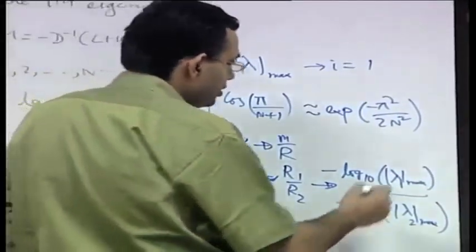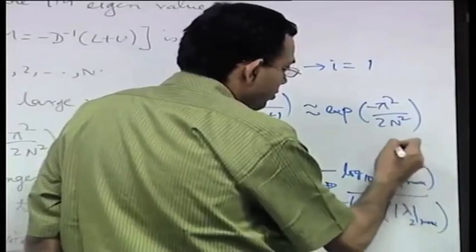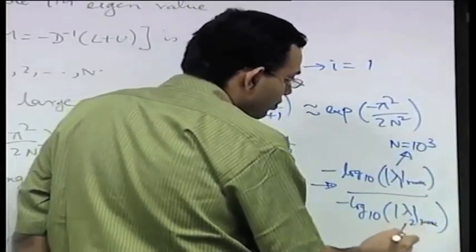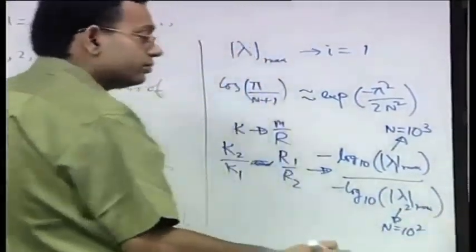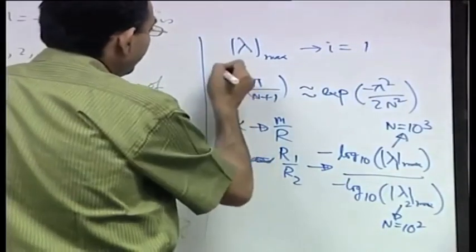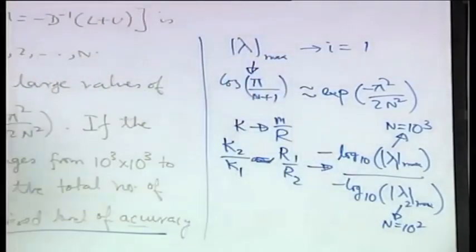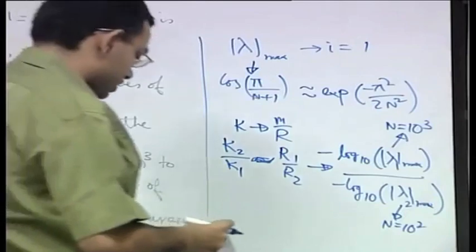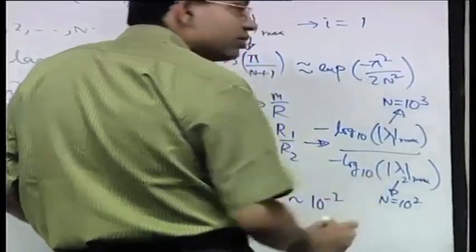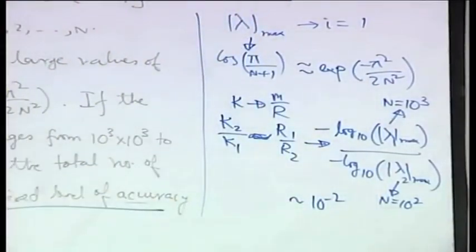So, for case 1 you have to substitute n equal to 10 to the power 3, and for case 2 you have to substitute n equal to 10 to the power 2, in the formula for mod lambda max. If you do that, then you will get this approximately as 10 to the power minus 2. This you can verify later on through calculations, but the important thing is the understanding.